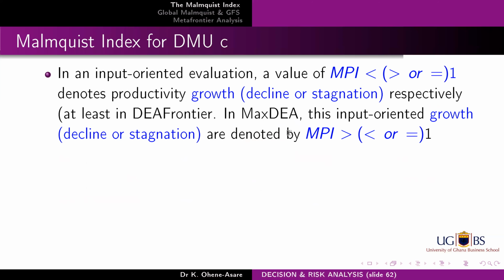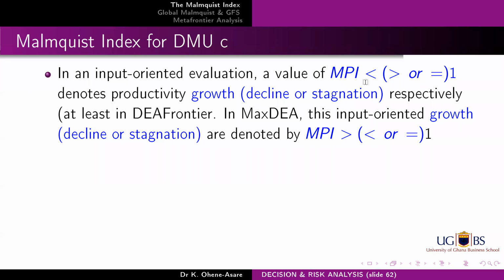Okay, so in the input orientation, there's something you want to know. We are going to know that the Malmquist, when you have the score, and this is a little bit tricky, but in order not to base on this, I will just tell you later on to swap the reciprocals so that these things don't confuse you. Now, in an input orientation, let me tell you the confusion first.